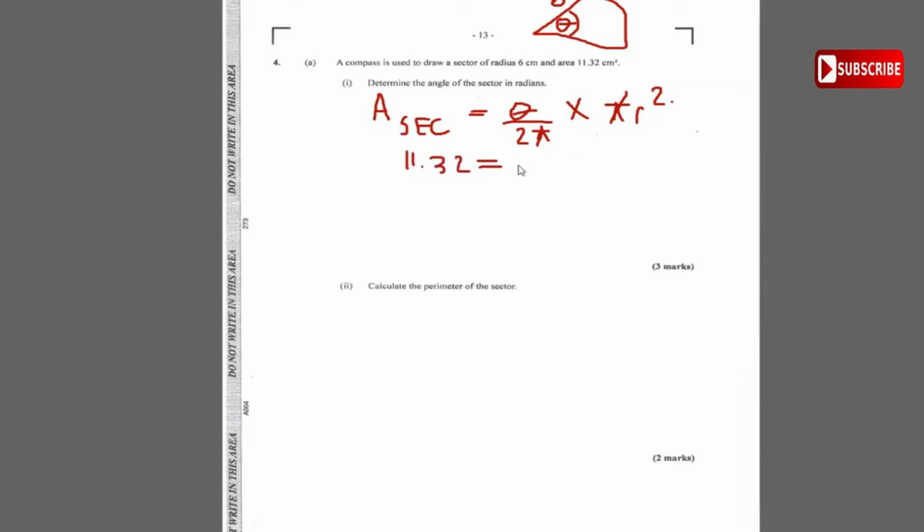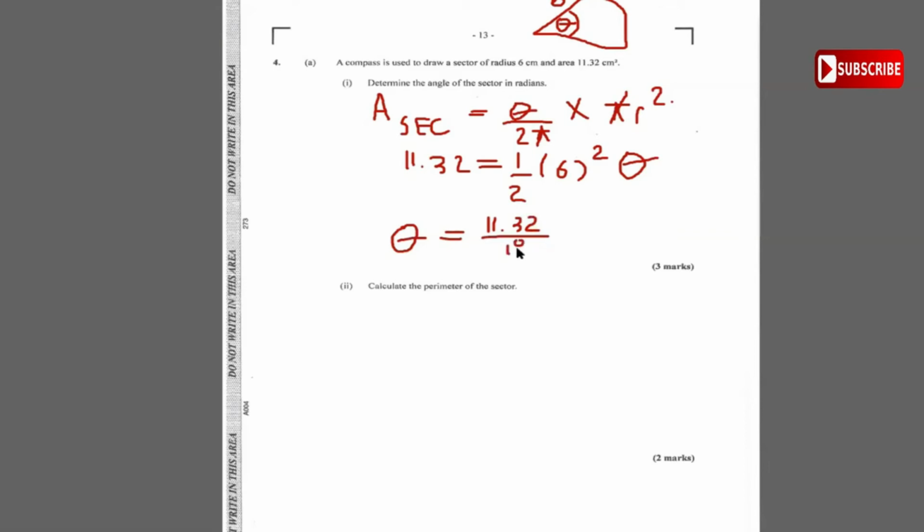And so 11.32 is equal to a half r squared, and r squared is 6 squared, times theta. All you need to do is transpose to find theta. A half r squared, which is a half 6 squared, is 18. We divide by 18 to get that theta is 11.32 over 18.